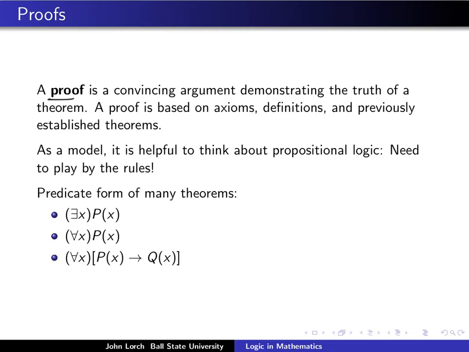Many theorems can be codified in symbolic logic: there exists an x such that p of x is true; or for all x, p of x is true; or for all x, if p of x, then q of x. We're going to see that a lot of theorems in mathematics have one of these 3 forms.